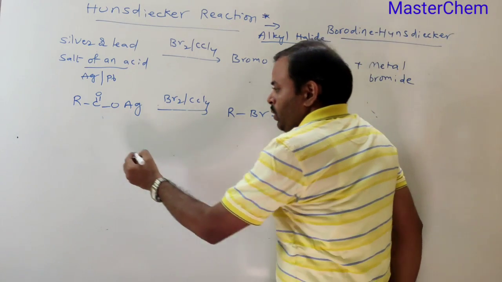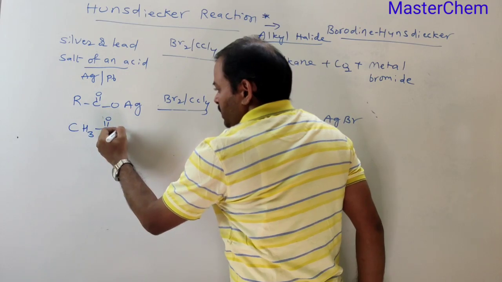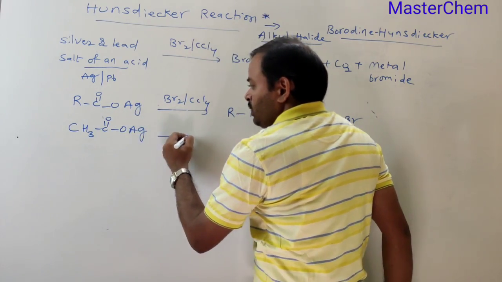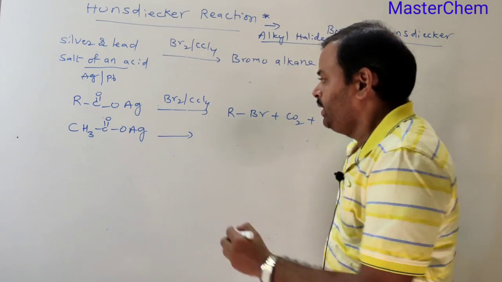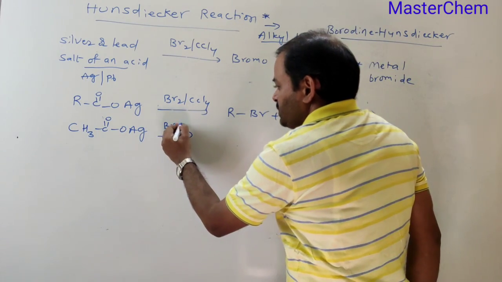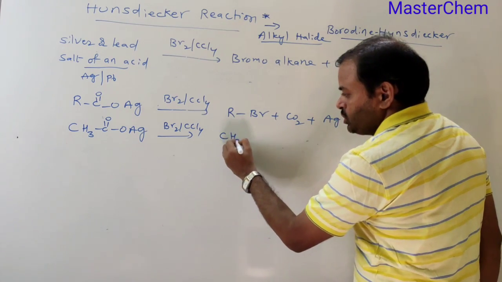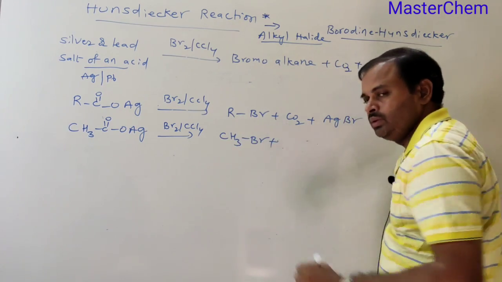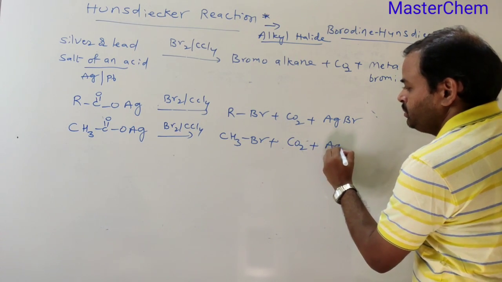Now take one example: CH3COOAg, silver acetate. With Br2 in CCl4, what is the product? That is CH3Br, methyl bromide, plus CO2 plus AgBr.